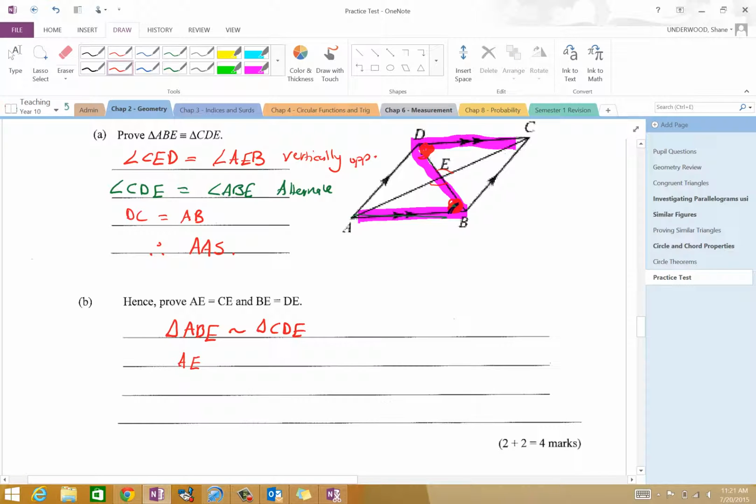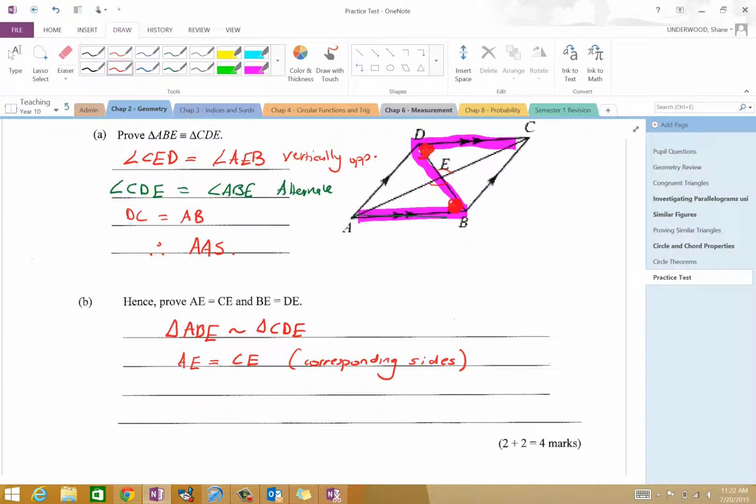AE must be equal to CE, and so they're what we call corresponding. Isn't that just exactly what it says in the question? Yeah, well, we've got to prove it though.